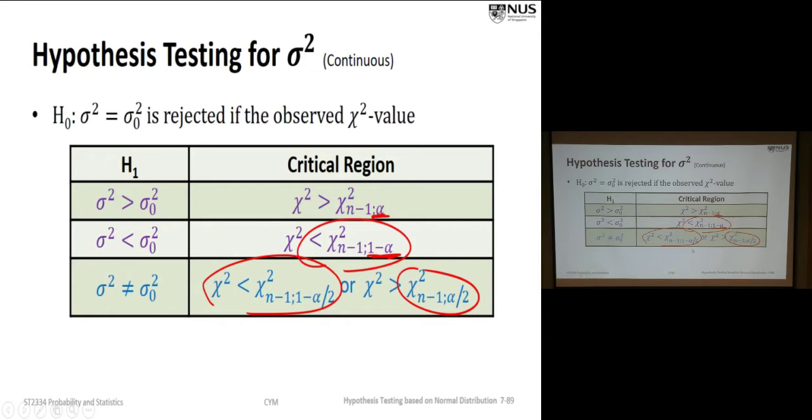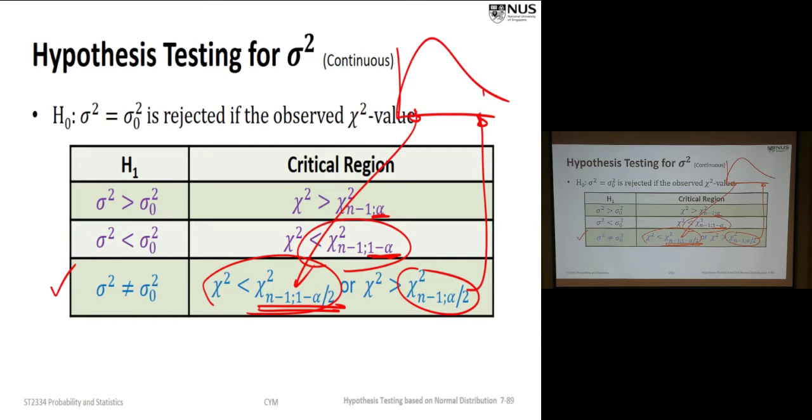Okay, so collect the sample. If this is my alternative, then I calculate my test statistic, and if it's less than this number, it simply means it's here. This number means here. So alpha over 2, and this area is also alpha over 2. So it falls here or falls here, either one, then I will reject it.